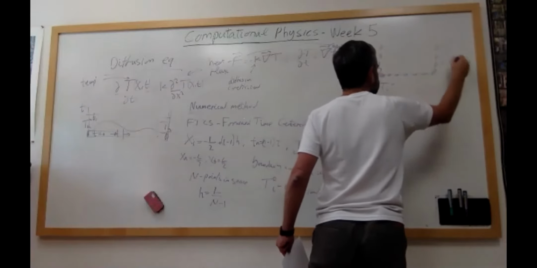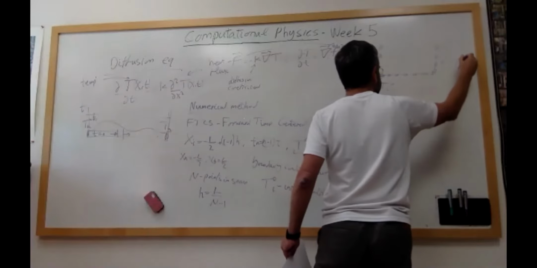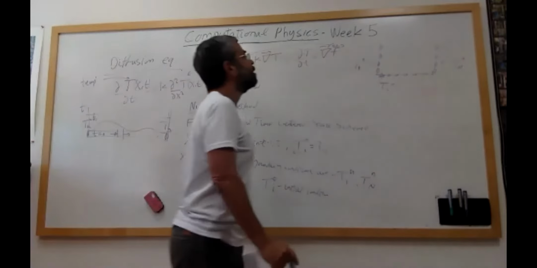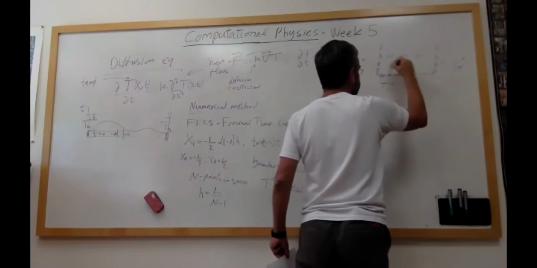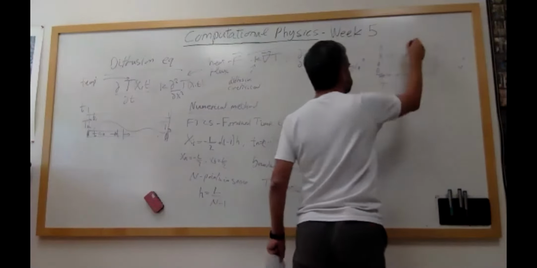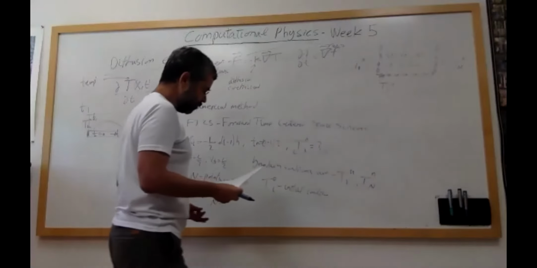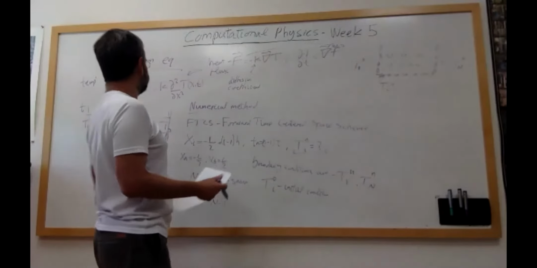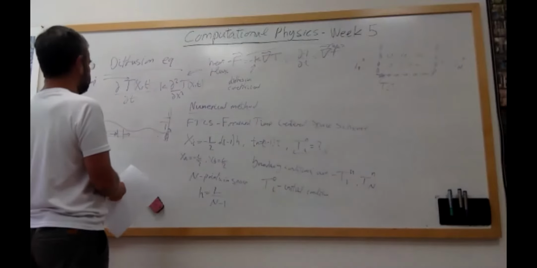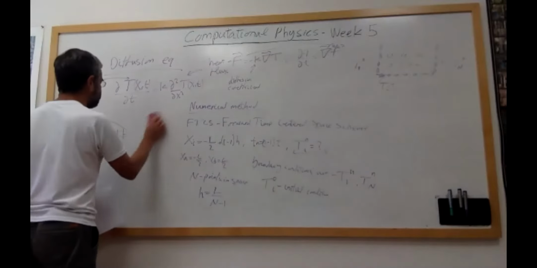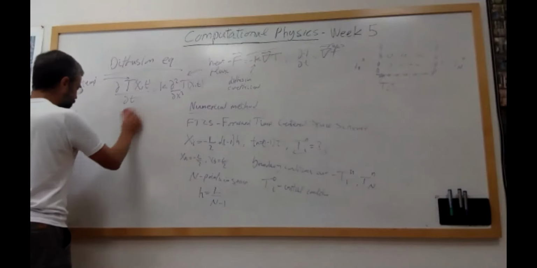And here we have T capital N in function. And we are looking for all the things inside here. So the difference scheme is, okay, let's write it here.